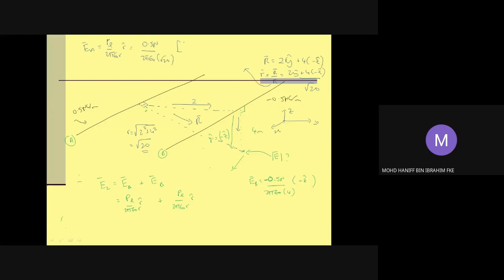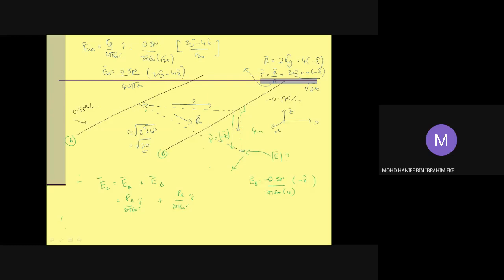You're going to have 2y minus 4Z divided by root of 20. And subsequently, EA shall be equal to 0.5 micro divided by 4 pi epsilon naught, times 2y minus 4Z. So that should be your EA, which is the electric field produced by the positive line charge of 0.5 microcoulomb per meter to the point here.